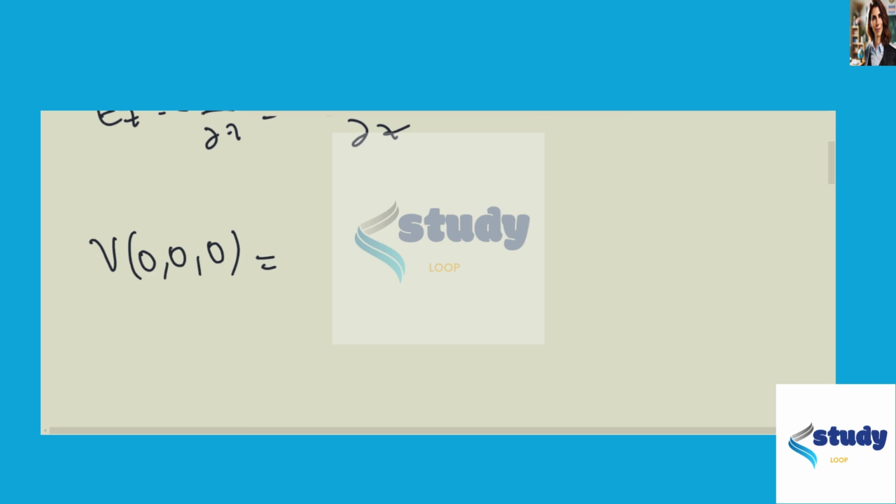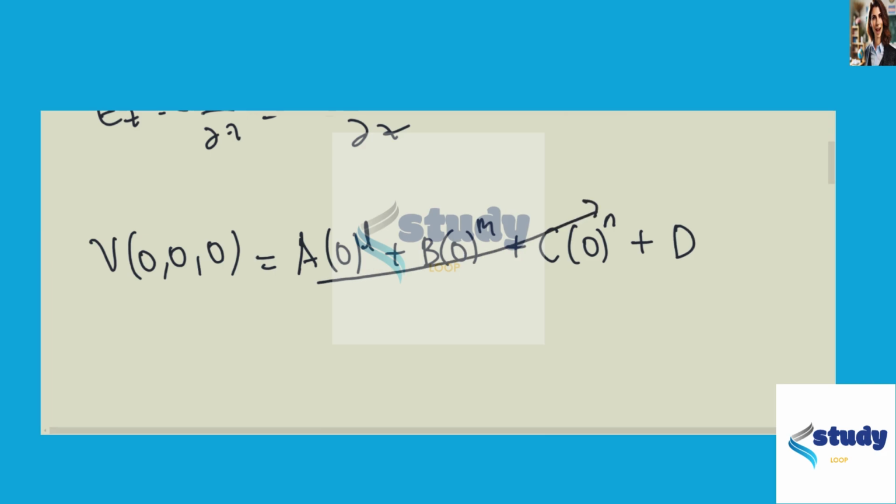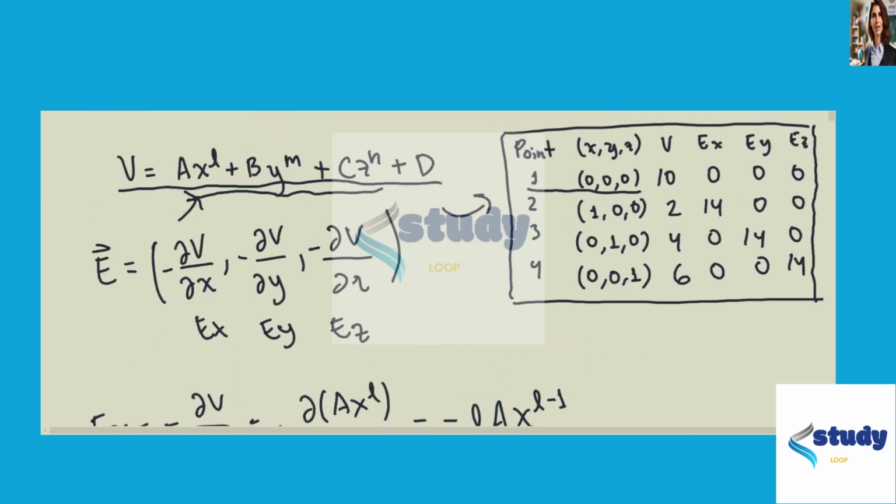We are left with D, because I'm going to put it explicitly: 0 to the L plus B 0 to the M plus C 0 to the N plus D. All of these are 0, so D is equal to the value of the potential at this point, which is 10.